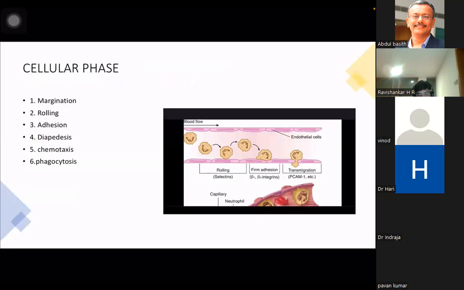Due to stasis, the cells which are central in the blood vessel migrate towards the wall of the blood vessel, and the cells adhere to the vessel wall, leading to margination, then rolling, and then adhesion. After adhesion, the cells come out by diapedesis, and then due to chemotactic factors, they move towards the injury site, and these cells help in phagocytosis.